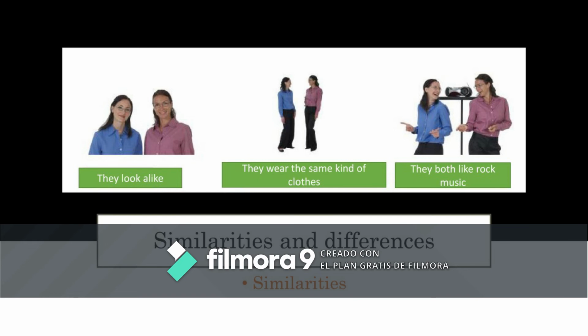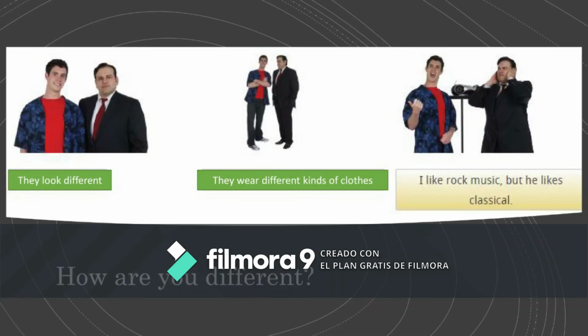So we can say that they both like rock music. So when we are talking about similarities, is when we have something in common with our family or with our friends, right?